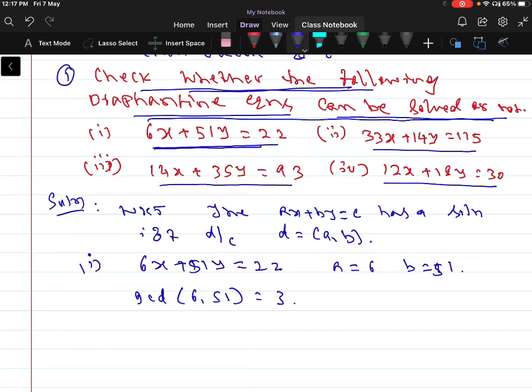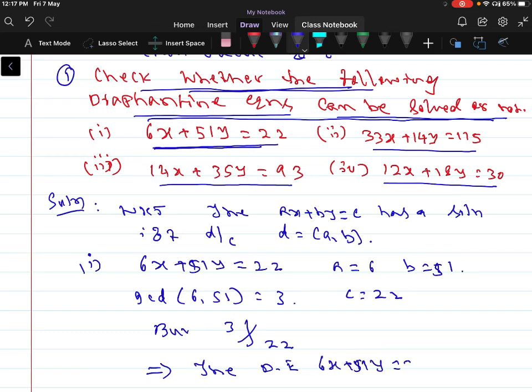But here in the problem c is equal to 22, but 3 does not divide 22. So this implies the Diophantine equation 6x plus 51y is equal to 22 has no solution.